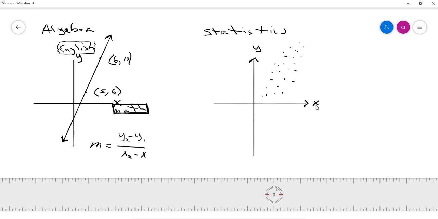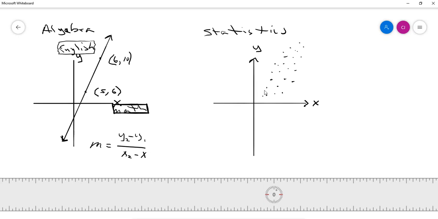Now, what we need to do is describe that correlation. And what we want to do is try to describe it in terms of a linear or a line. Okay, and that's it. So what we're going to say is that these kind of look like a line. They're kind of going up that way, and they're scattered about, but they're not like all over the place, and it does seem to have a pattern to it.